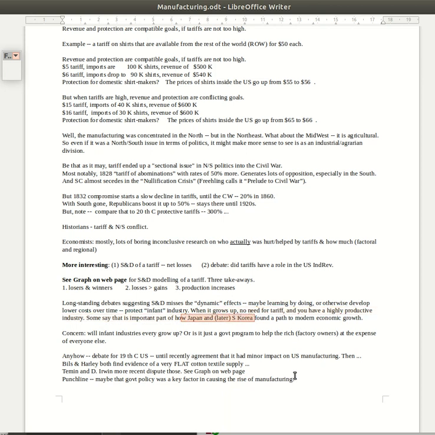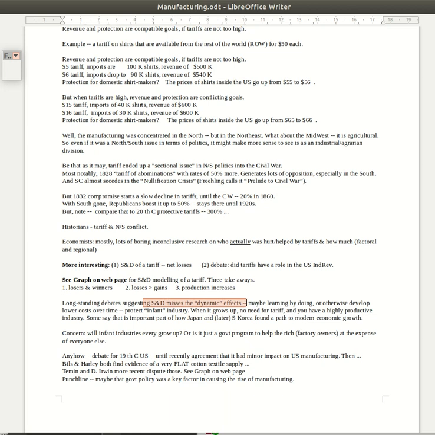A number of studies have suggested that South Korea and Japan and other countries have used tariffs to promote industrial expansion. The point being that even though the supply and demand model suggests that the losses from a tariff exceed the gains from a tariff, there's a bunch of folks who say, no, supply and demand misses the dynamic effects of a tariff.